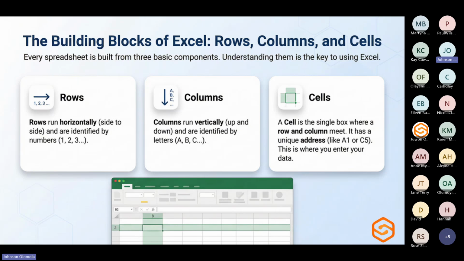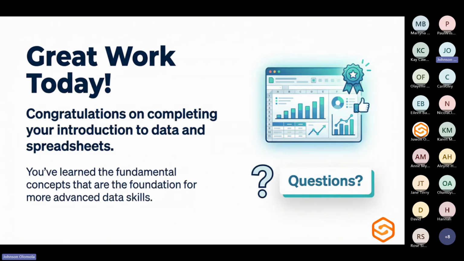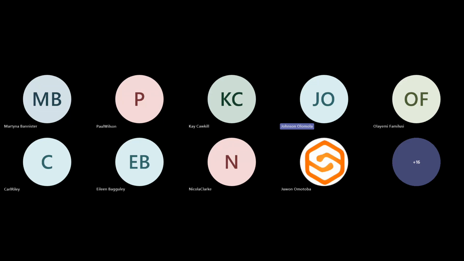When I say intersection, I mean the combination of row and column together is called the cell, which I will be showing you. So without wasting much of our time, I would not want us to keep talking on the theory. I want us to go straight ahead to the practical session, which I believe before this class, you've all had your Microsoft Excel properly set up on your computer.